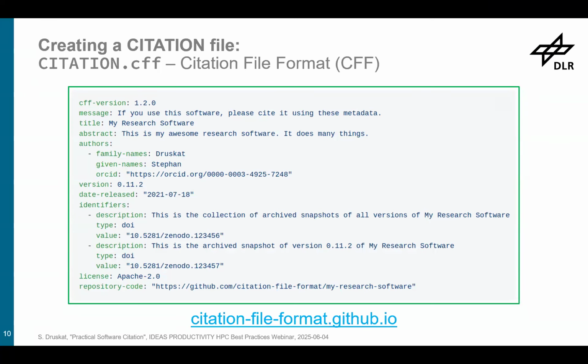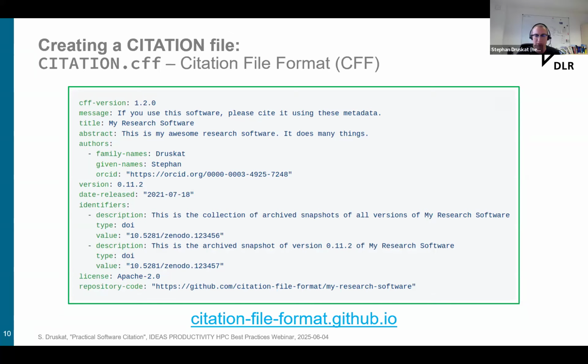So two things then. First of all, you would expect the version and the date released in this slide to go together. Yes. And the second thing is the CFF format is capable of representing a lot more than what you've given in this example. Yes, absolutely. This is a really minimal example. You can have different identifiers, especially.